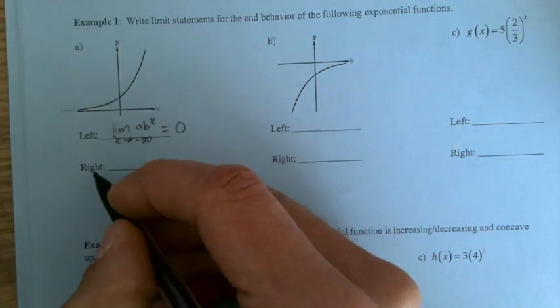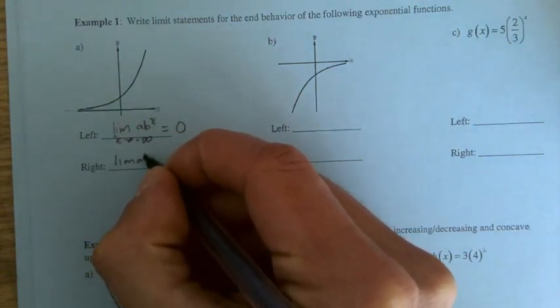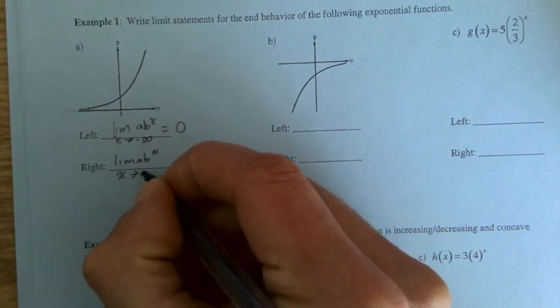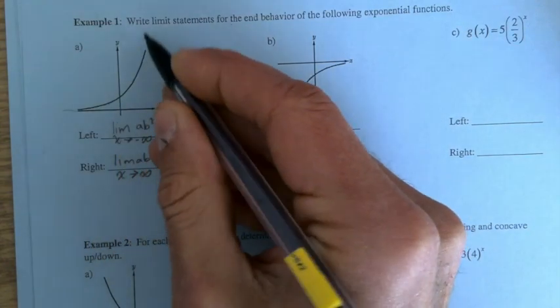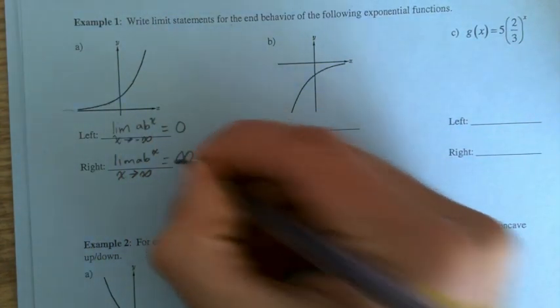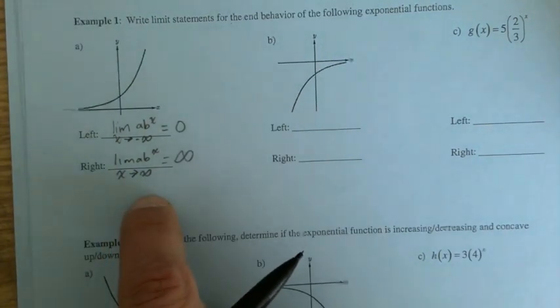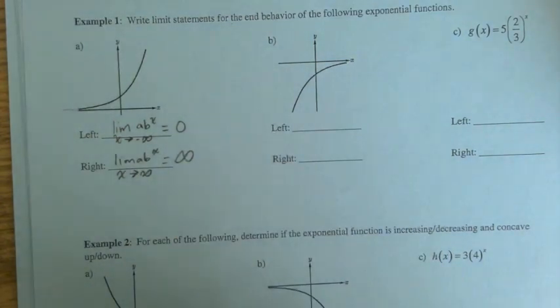For the second one, the limit of the exponential as it approaches positive infinity is going to be equal to, well, that's going to be increasing forever, so that's infinity. Every single one of these will either be 0, infinity, or negative infinity.